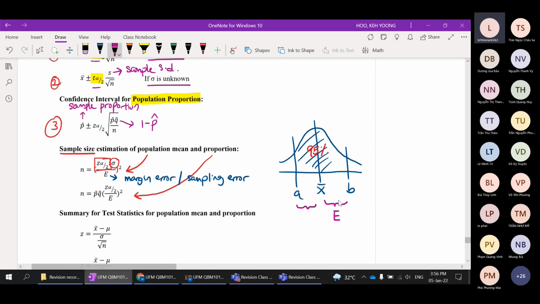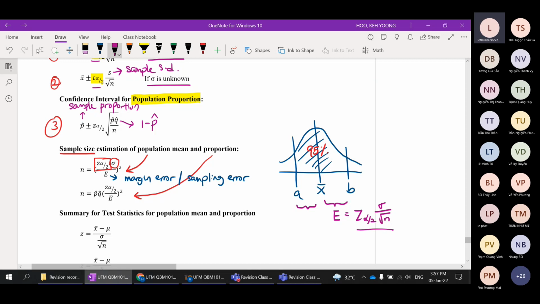This is the sampling error, which is actually Z times the standard deviation over square root n. E is equal to this, and it is called margin of error. So when you want to find the sample size, questions will always tell you the margin of error or the sampling error, the E value.